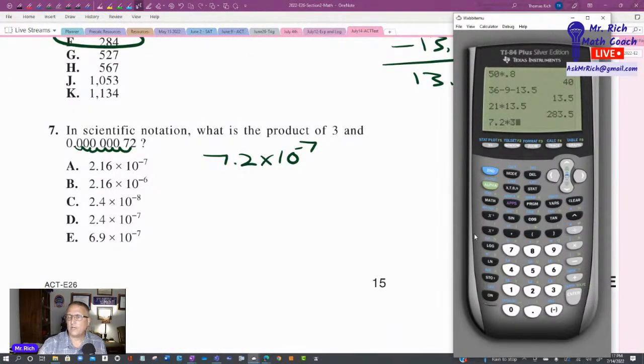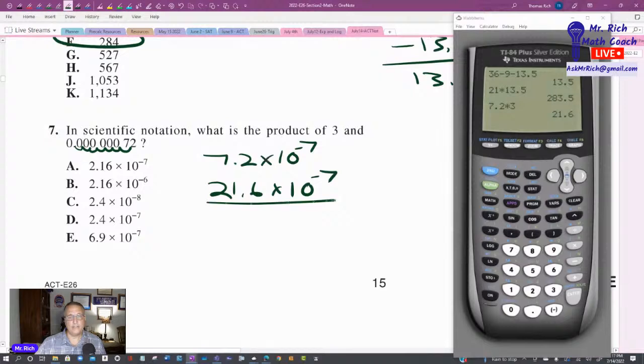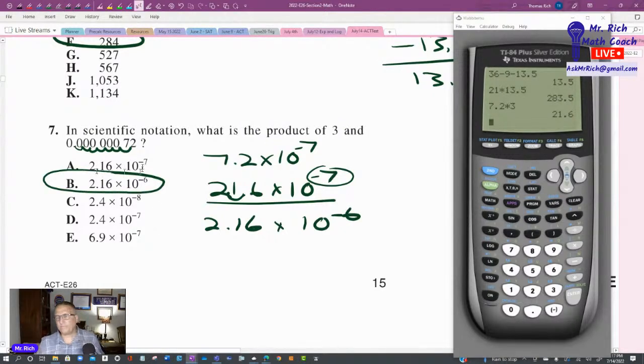So 7.2 times 3 is 21.6 times 10 to the minus 7. But that's not in scientific notation because this number here has to be between 1 and 10. So I need to make this number a little smaller, which means I need to make that number a little bigger. So I like this answer right here.